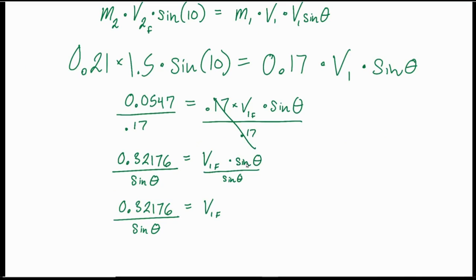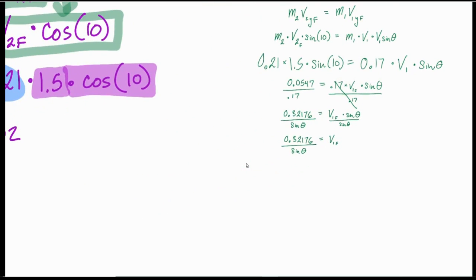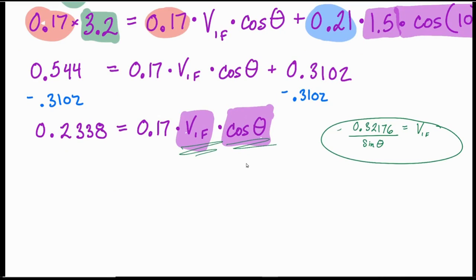At first glance, this doesn't look like it was helpful, but the reason why it was helpful is now I can take this and plug it in for V1 final. All right, so I'm going to plug in this 0.32176 divided by sine of theta for V1f.